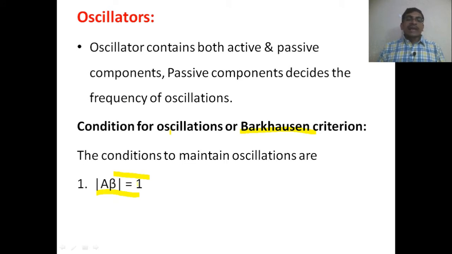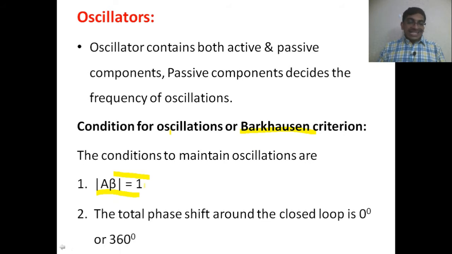And the second condition, in order to work our amplifier as an oscillator, is that the total phase shift around the closed loop is 0 degrees or else 360 degrees.